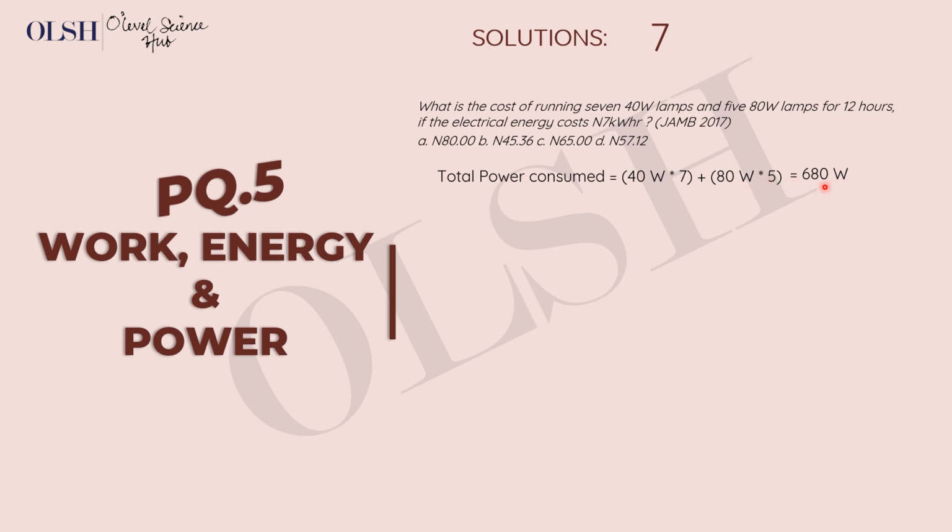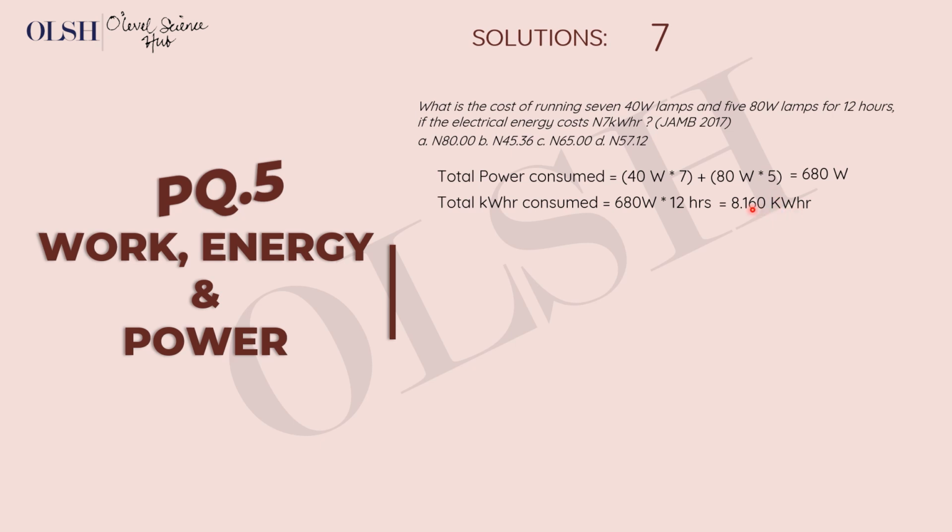All right, so now we need to know how much kilowatt hour was consumed. From the class, we remember that 1 kilowatt hour is the amount of kilowatts consumed in 1 hour. So we have total kilowatt hour consumed as 680 watts times 12 hours. Now if we do this, we find our answer to be 8.16 kilowatt hour.